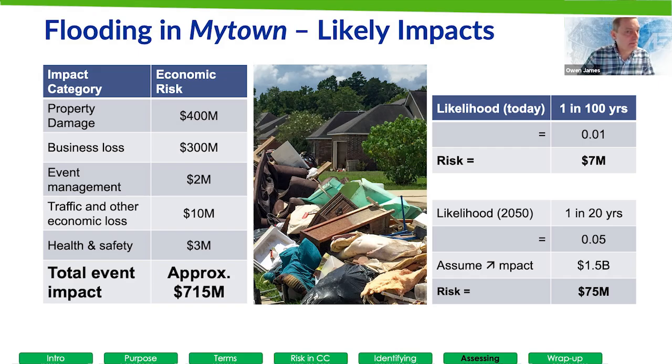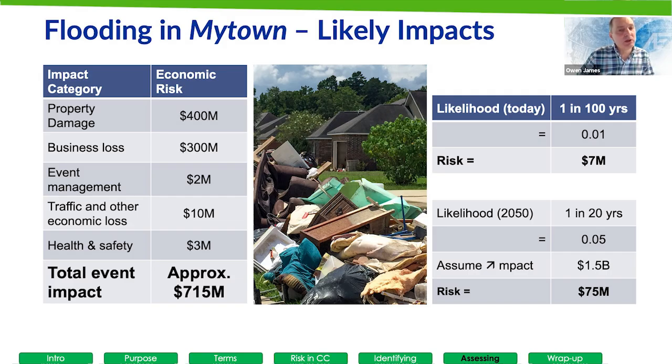We know that there could be some business loss, $300 million worth. We know that there could be some event management, $2 million worth of event management, traffic and other economic loss, productivity losses, $10 million. There could be some health and safety issues, $3 million. So we can begin to add all of this up into an overall estimated level of impact, $750 million.